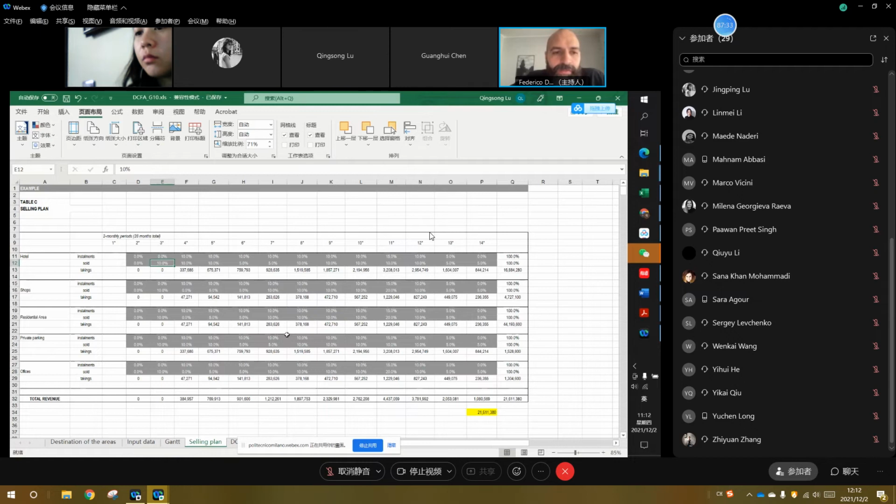For example, if you want to consider a lower price in the first periods, you can consider a lower rate for installments compared to the sold rate, or you can also consider the same rate in installments and sold for all the periods.